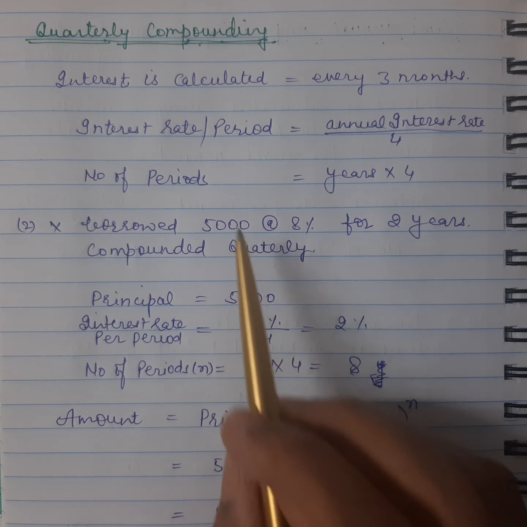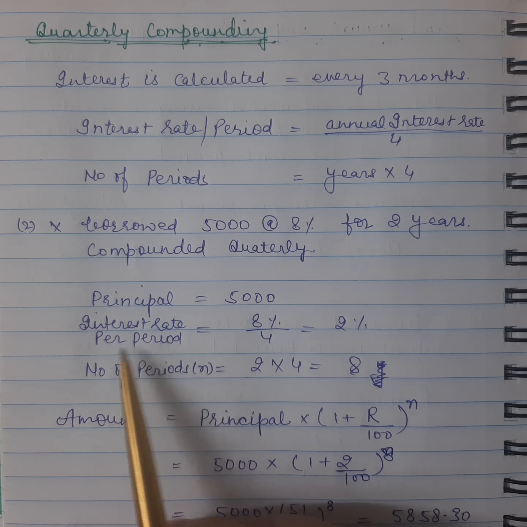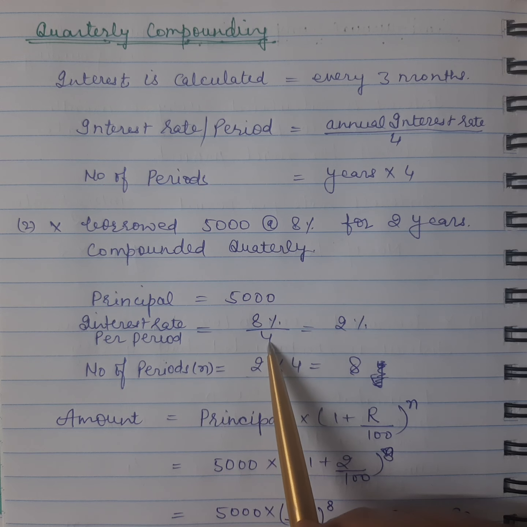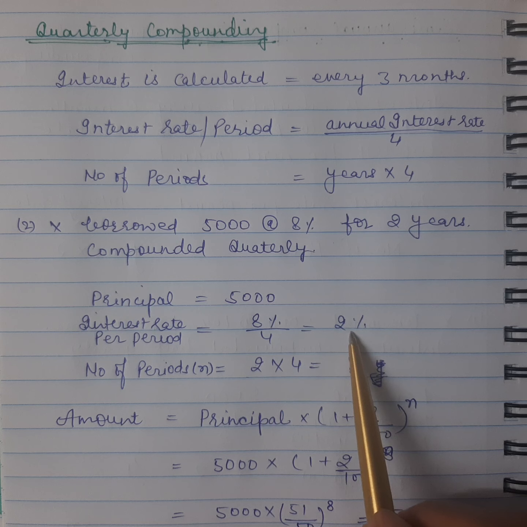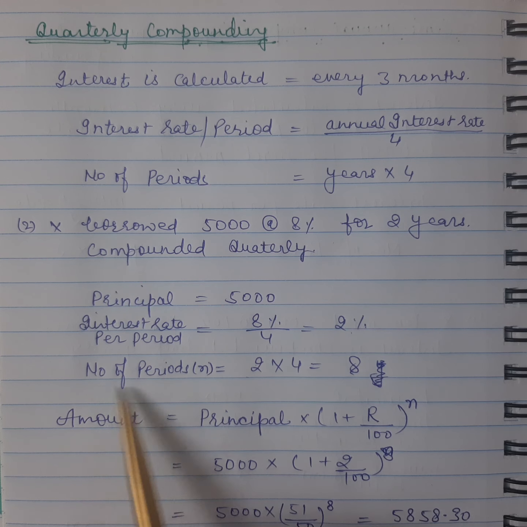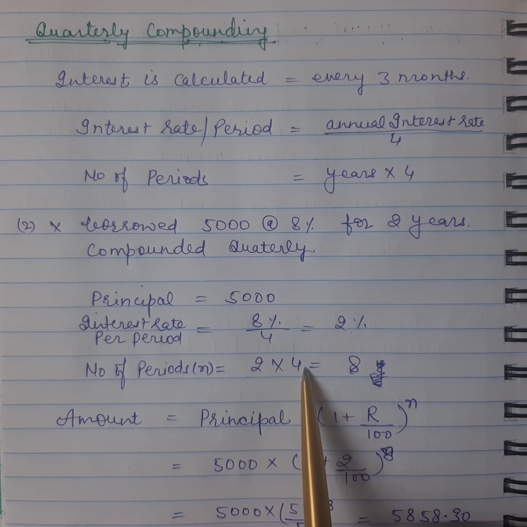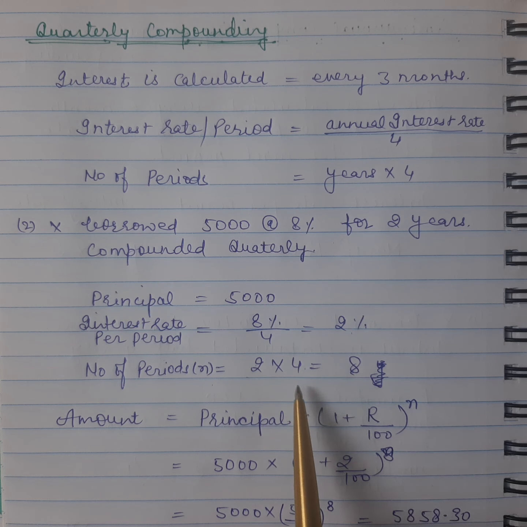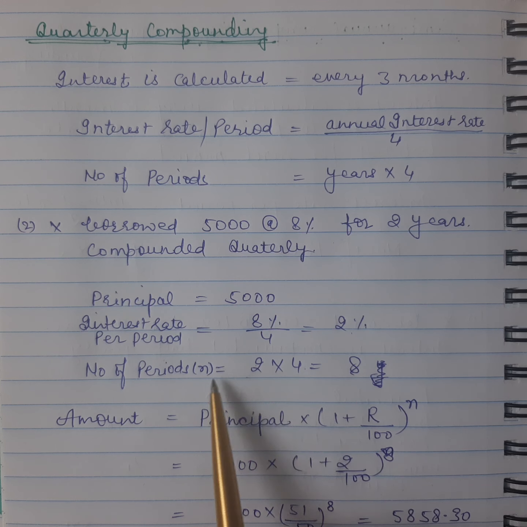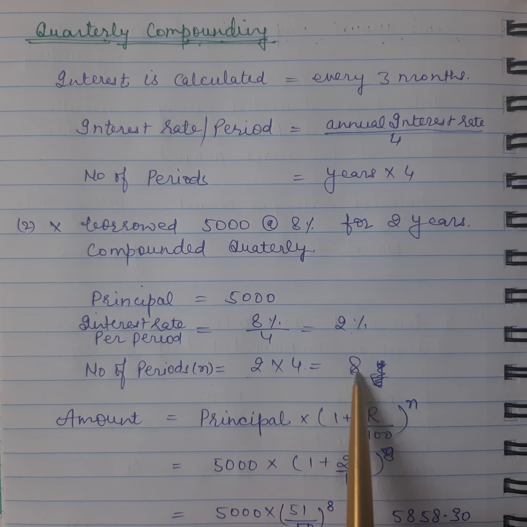Principal here is 5,000. Interest rate per period is 8% divided by 4, because there are 4 periods every year, which becomes 2%. Number of periods will be years multiplied by 4, so 2 multiplied by 4 will be 8.